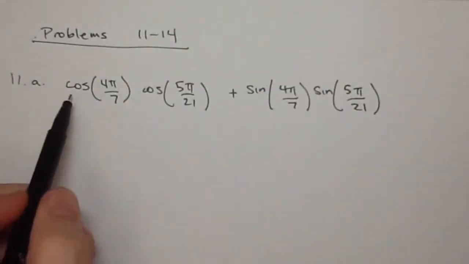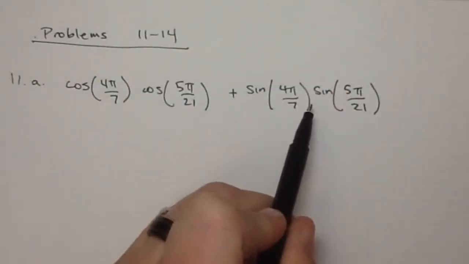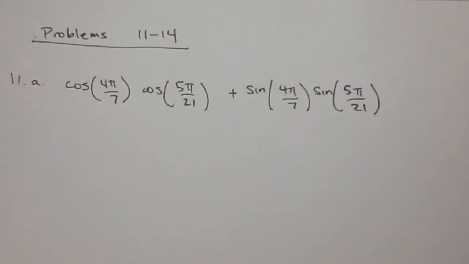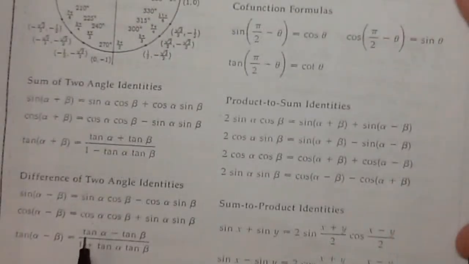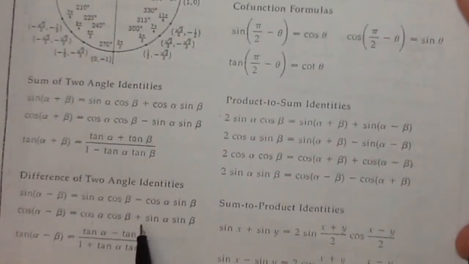Whenever I see cosine, cosine, sine, sine, that makes me think of a sum and difference formula. So let me find this. We've got cosine, cosine plus sine, sine. So we're using this one.